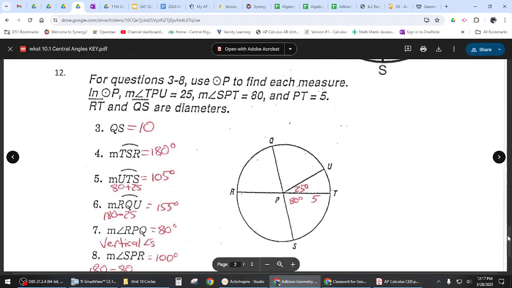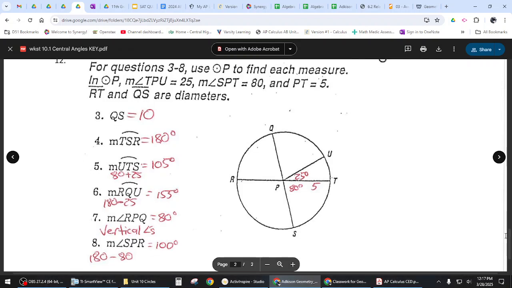Alright, number 12, kind of similar situation. Multiple answers for one picture. How's it going on this one? Okay. Anybody want to volunteer to read this?